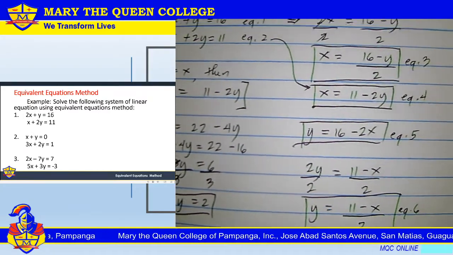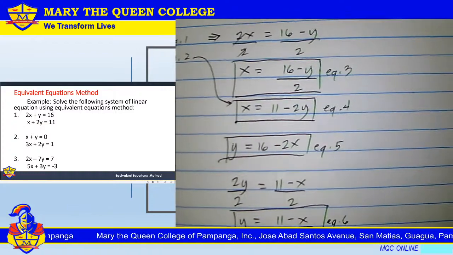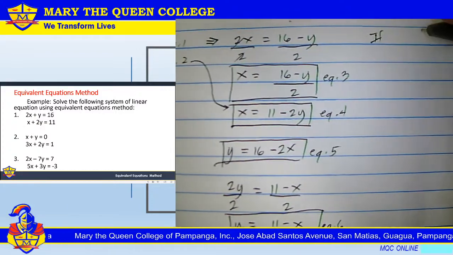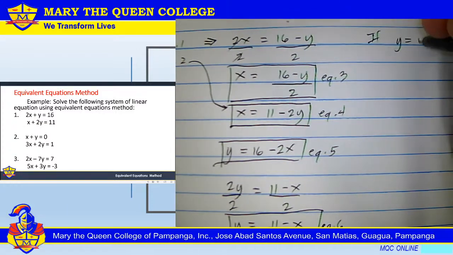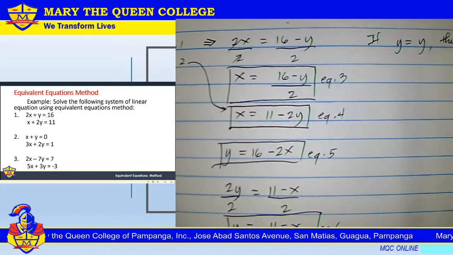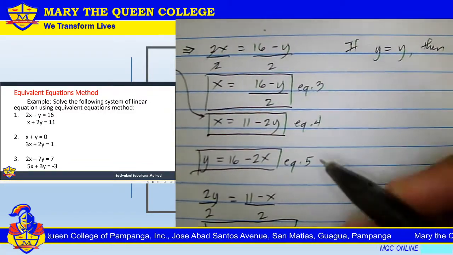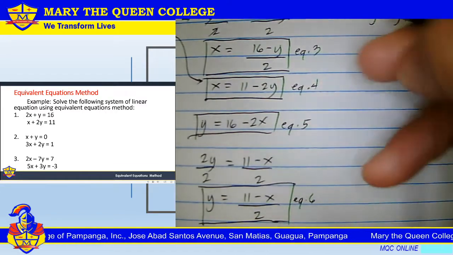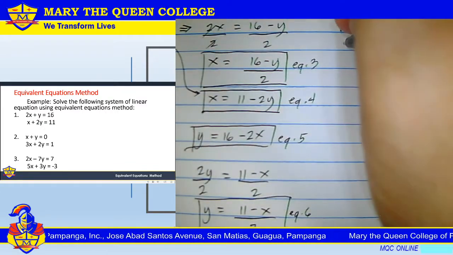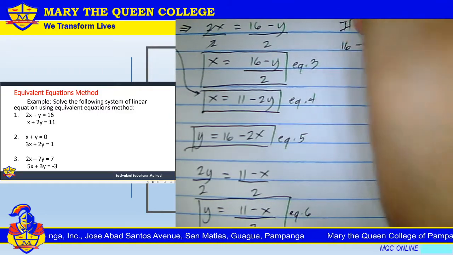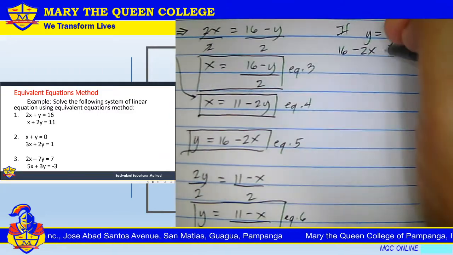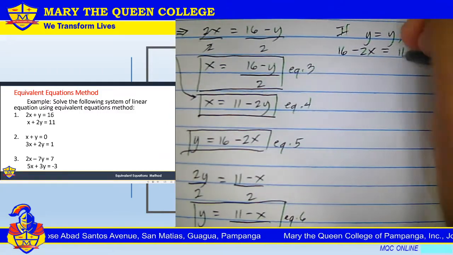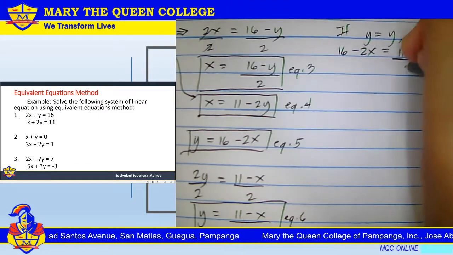Okay? So, katulad ng ginawa natin dito sa variable x, if y is equal to y, then equate natin yung dalawang bagong equation 5 and equation 6. So, substitute natin or replace, we have 16 minus 2x is equal to 11 minus x all over 2.